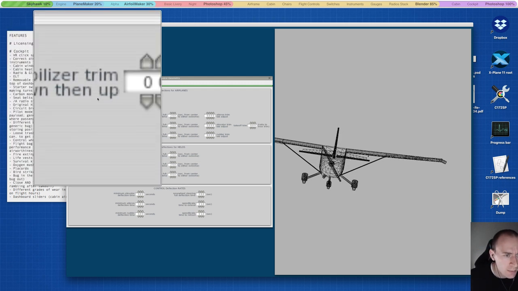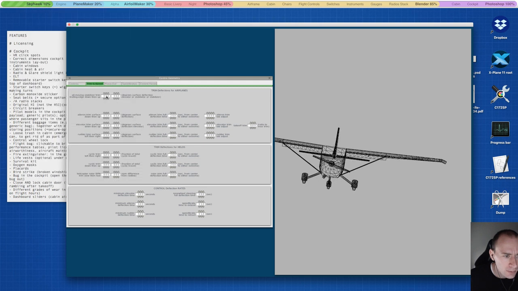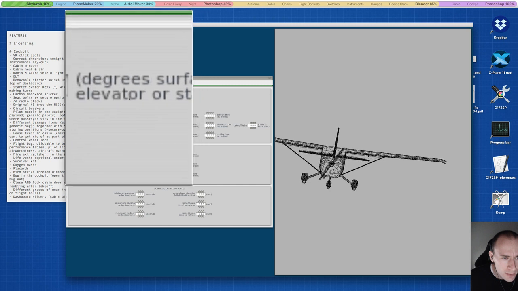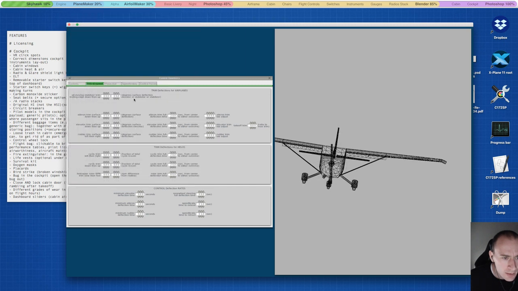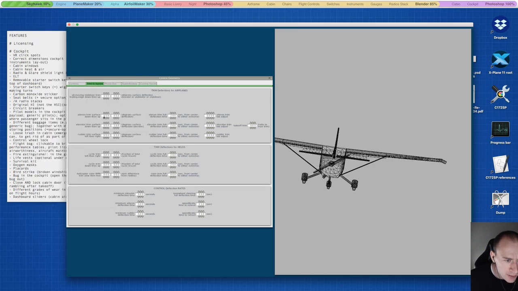All moving stabilizer trim, trailing edge down, then up. We don't get a hover. Decrease surface deflection, elevator or stabilizer. Yes. Trim deflection for airplane. Sounds good. Aileron trim surface down then up. That's interesting. We don't have that stuff.